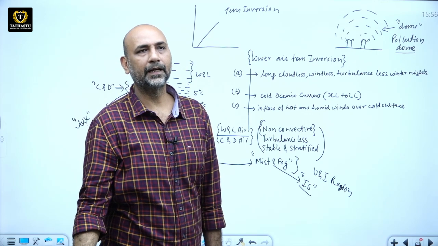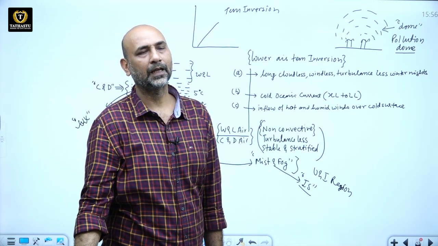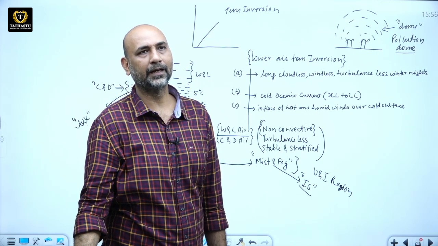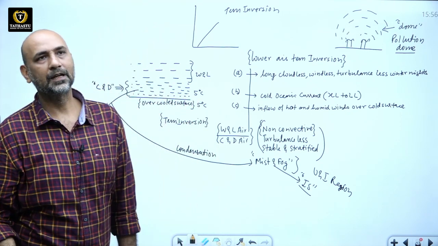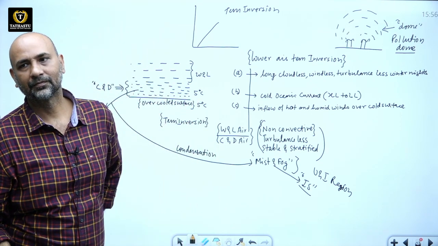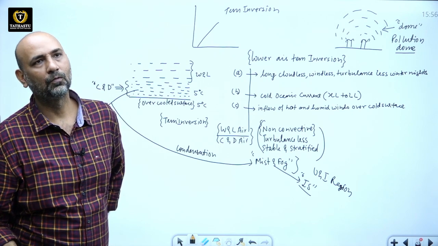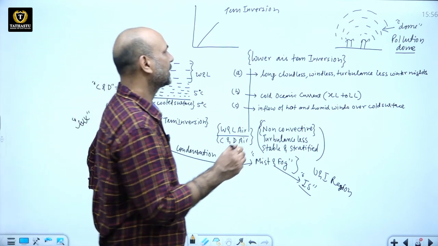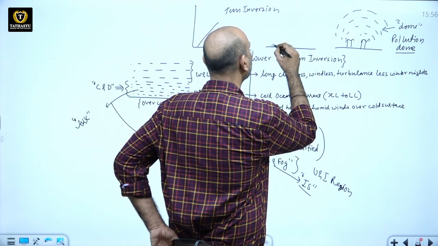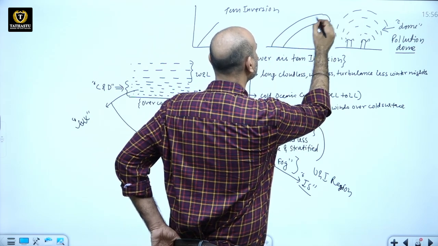Cold and denser air close to the surface of earth, above it warmer and lighter. They cannot move. They can't have vertical movement. So that is described as a pollution dome. If there is light wind, the dome is converted into a pollution plume.